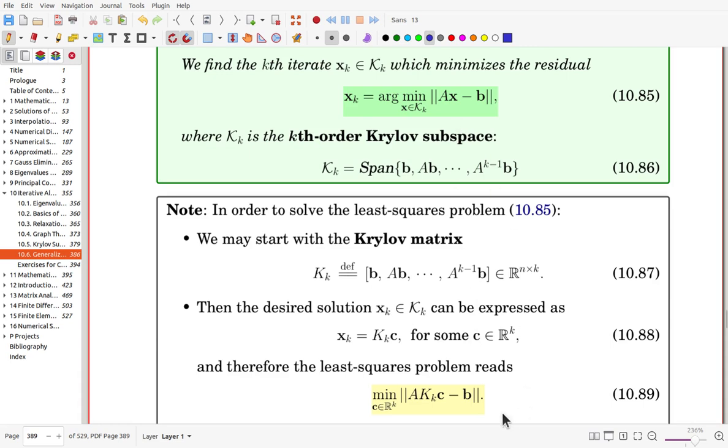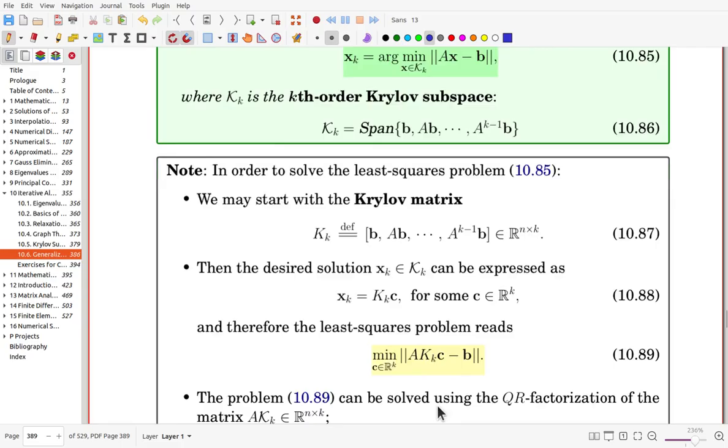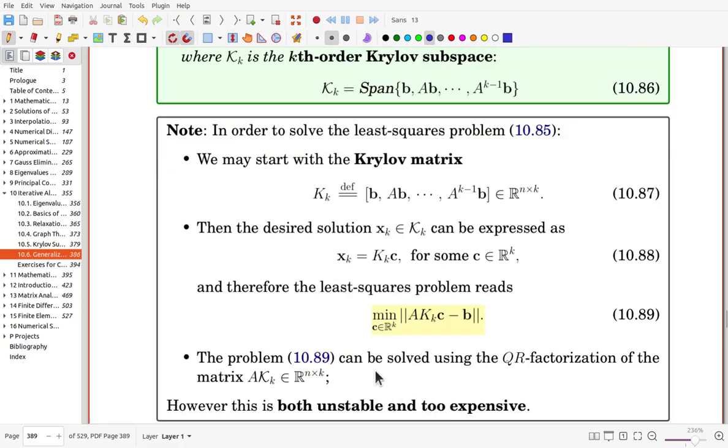So these two problems are the same, but this one looks more solvable. However, this one is really too expensive. We can solve this problem by using, for example, QR factorization, but it's expensive. Also, the algorithm is not so stable. So we need more simplification.